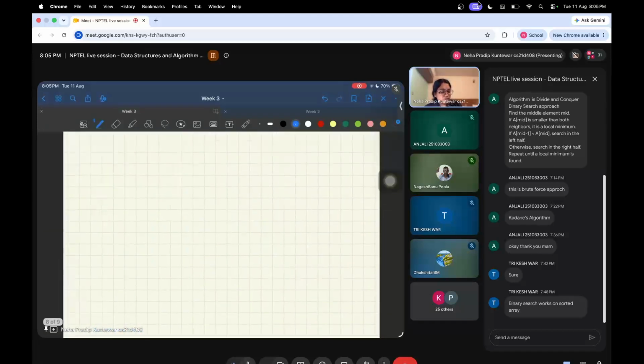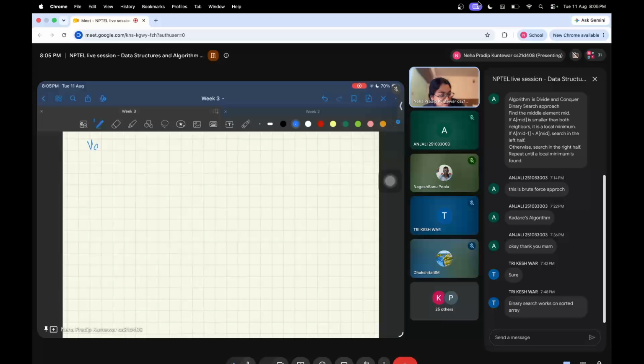Okay. So here is another variant of your local minima in an array. When you said an element is a local minimum, you looked at its i minus 1 and i plus 1 neighbors. Now let us say I change this definition, and suppose you have to look at a neighborhood of size 2.